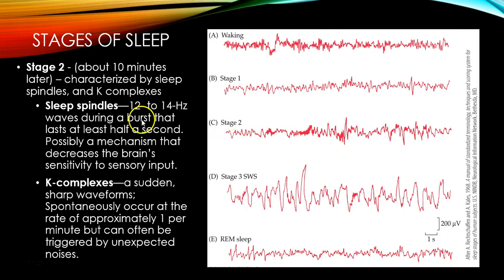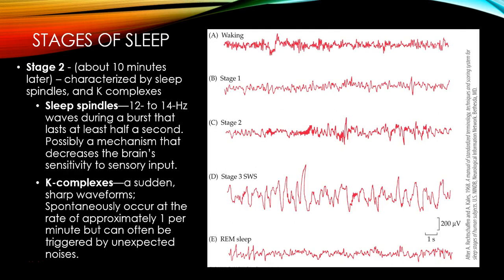But you've got these bursts that happen, these sleep spindles in stage 2 that last for about half a second. And possibly this might be, again, nobody quite knows, one of the theories is that this is a mechanism that starts to decrease the brain's sensitivity to sensory input, because that's something we're trying to do as we're going into sleep, sort of shutting off your awareness, your reactivity to things going on around you.